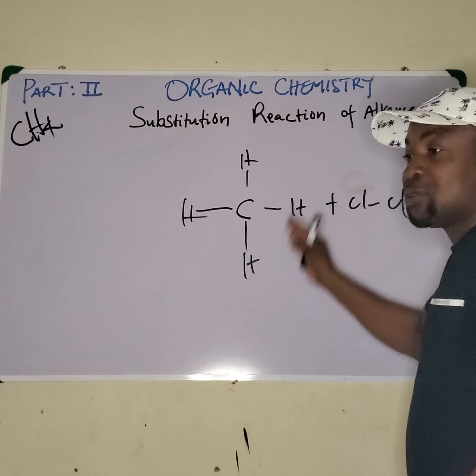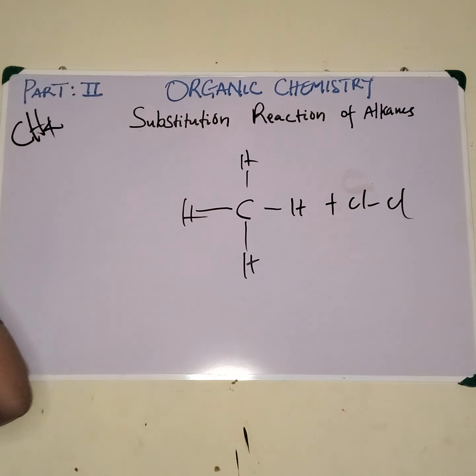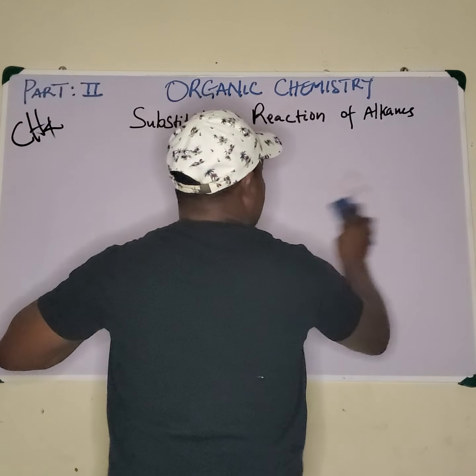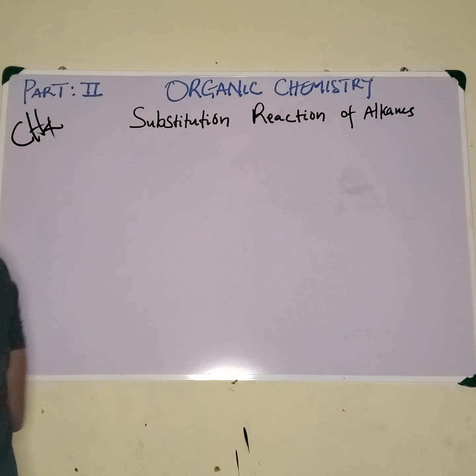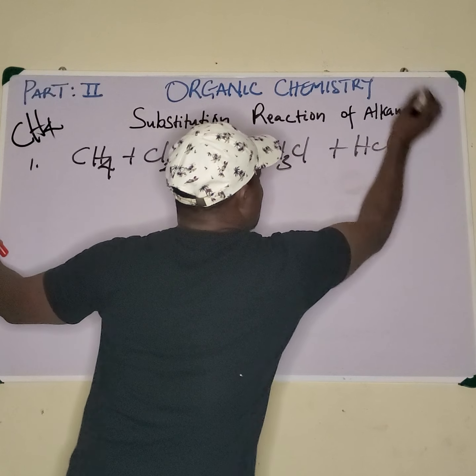When they are all substituted, that is the end of the substitution reaction. So we'll take it bit by bit. The first step of the reaction is where CH4 reacts with a chlorine molecule to give us CH3Cl plus HCl.